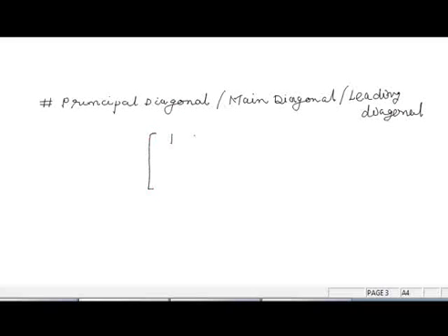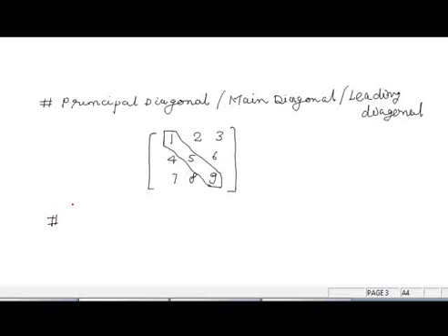It is nothing but, as we consider the previous example again, the elements from the top left to the bottom right. These elements are called the principal diagonal of the square matrix.